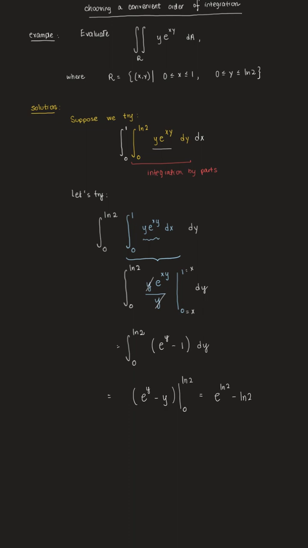And then substituting in 0 in place of y, we'll have minus e to the 0 plus 0. So this is e to the natural log of 2 is just 2, because we're dealing with inverse functions. So 2 minus the natural log of 2 minus 1. So our final answer is 1 minus the natural log of 2, combining those like terms.